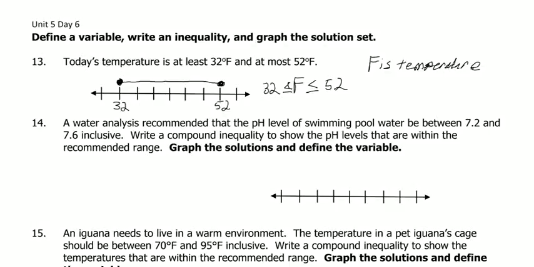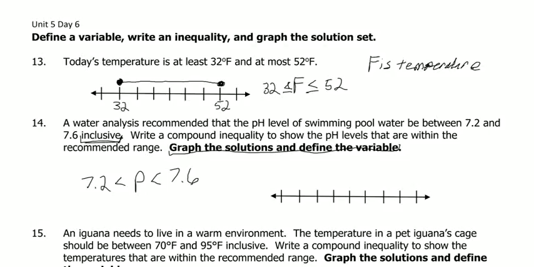So let's see, it says to graph the solution and define the variable. So if I were to write an equation for this, I would say 7.2 is less than P, which is less than 7.6. Okay, now here's the thing. We got this funny word in here, inclusive.